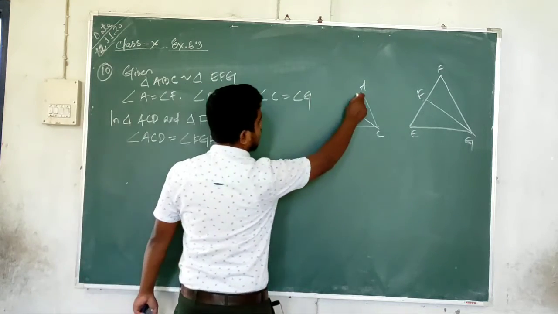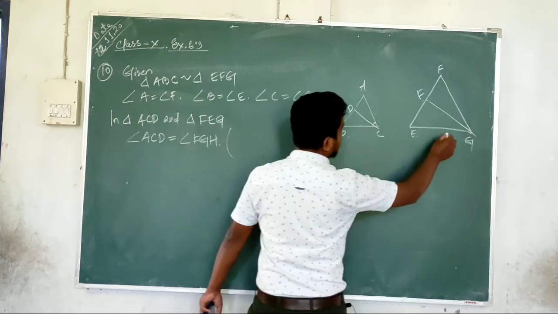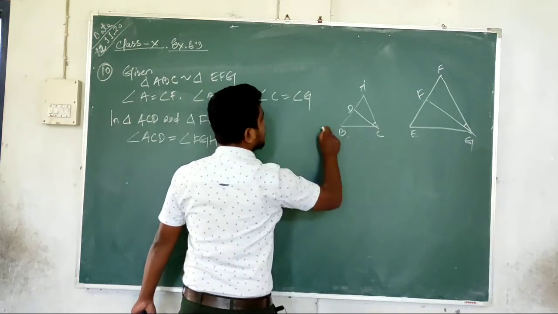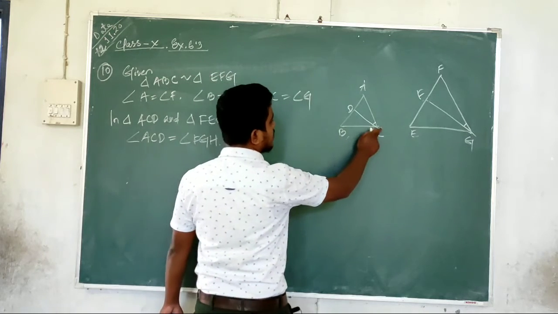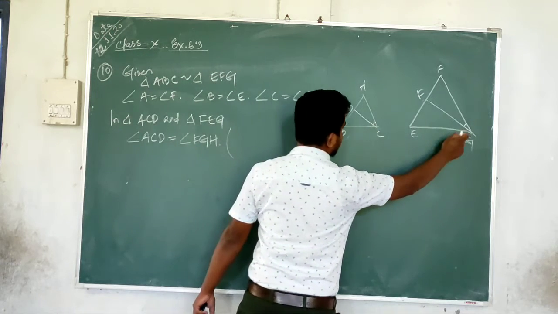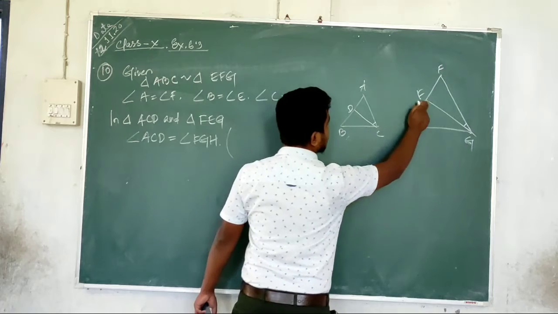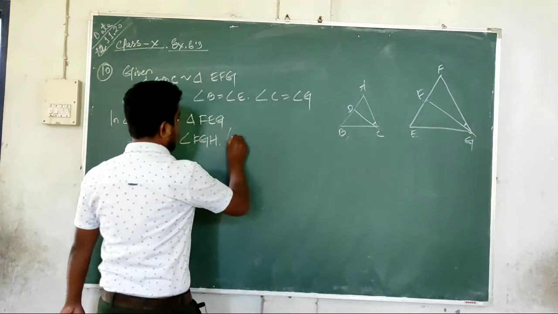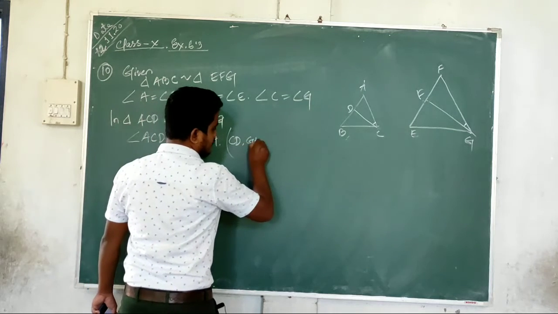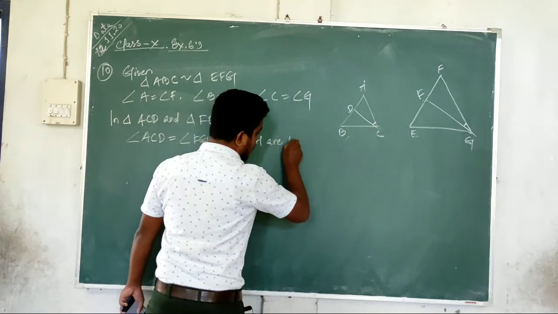Why? We know that ABC and FEG are similar triangles, so angle C equal to angle G. Now given that CD and GH are bisectors, therefore these two parts are also equal. And the reason is CD and GH are bisectors.